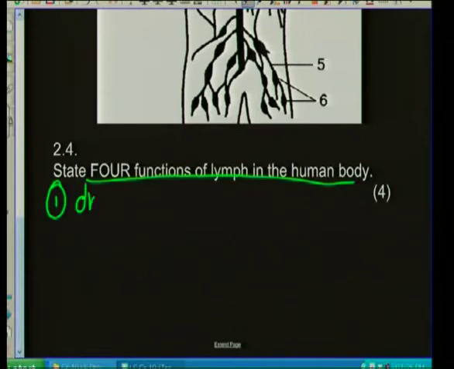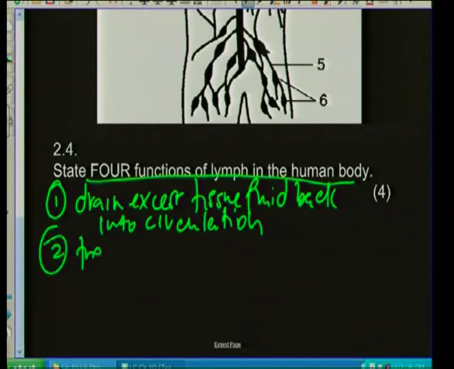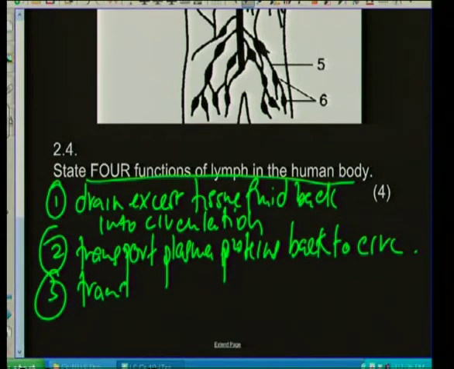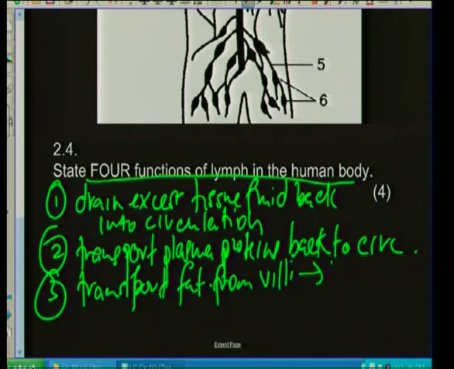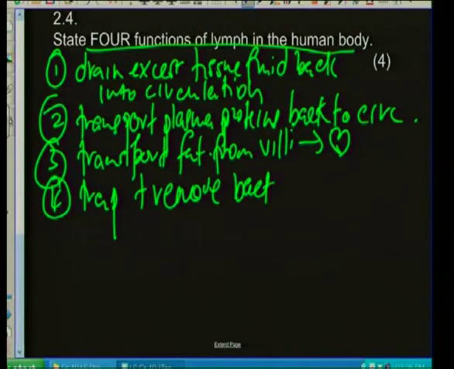So let's write those things down so that you can remember them. Number 1 would be to drain excess tissue fluid back into circulation. 2 would be to transport plasma proteins back to circulation. 3 was to transport fat from the villi to the heart. 4 was to trap and remove bacteria and toxins.